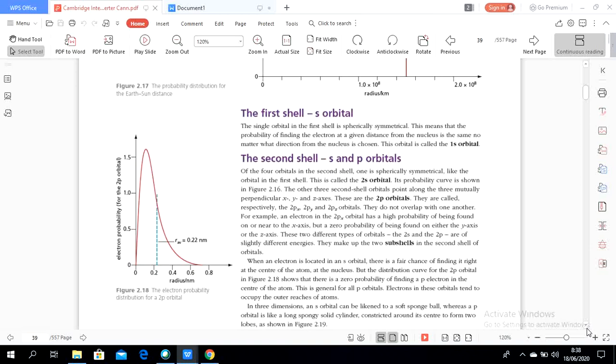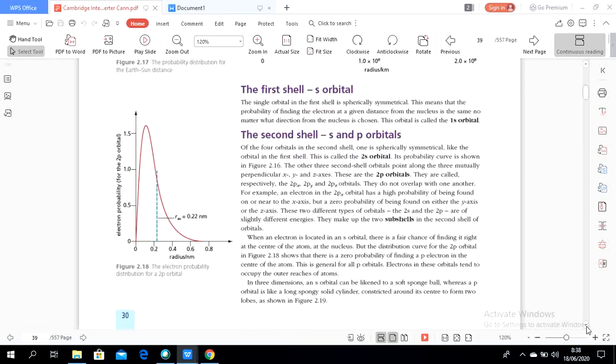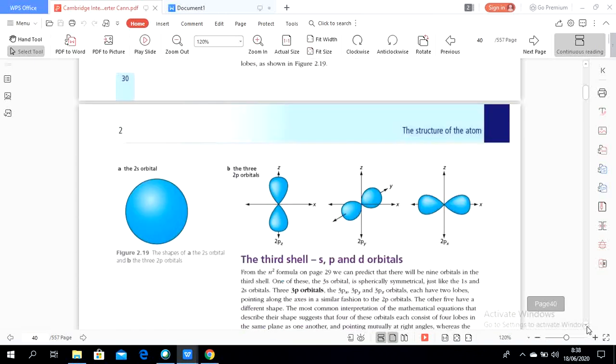The shape is like a dumbbell. Now, this is the shape of the p orbitals. This is the arrangement of pz. This one is py. This is px. This is how the shapes of the orbitals look.